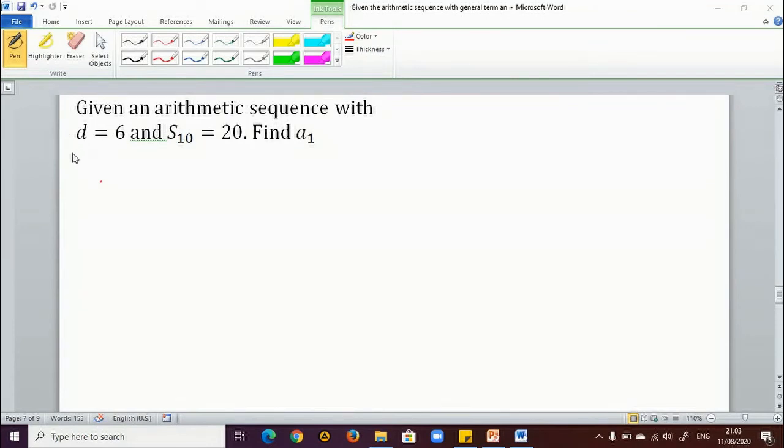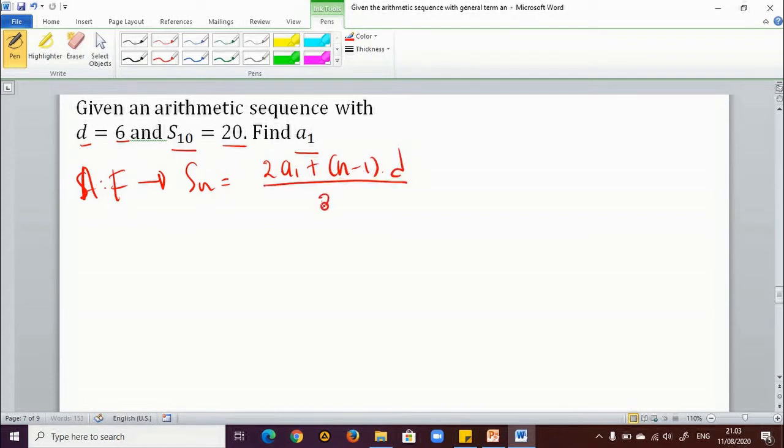Given an arithmetic sequence with d is 6 and then S10 is 20, you need to find the first term. So we can use the alternative formula, Sn is equal 2 times the first term plus n minus 1 times d over 2 times n. Okay, so in here, S10 is equal 2 times the first term plus, oh not 20, because we're just talking about 10, sorry, that's my fault.